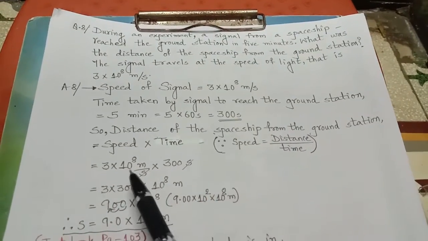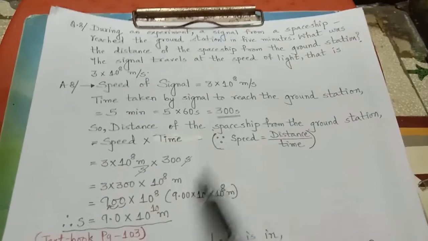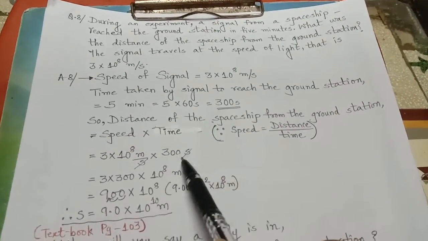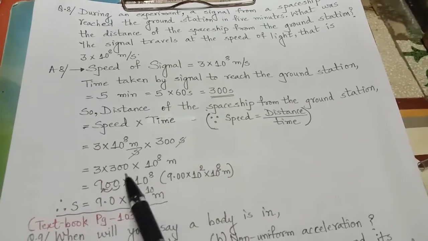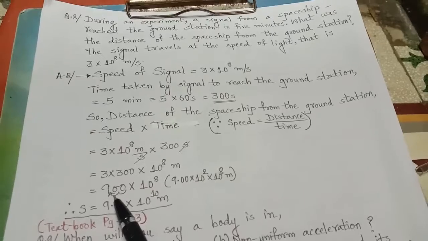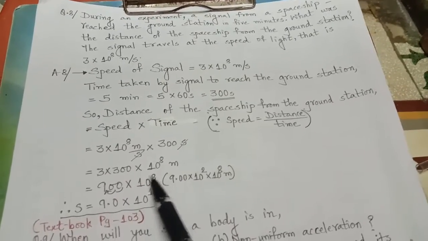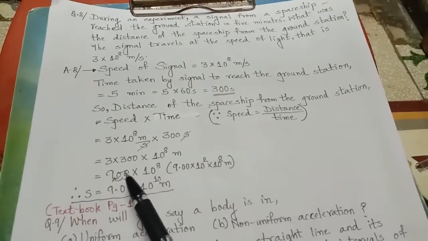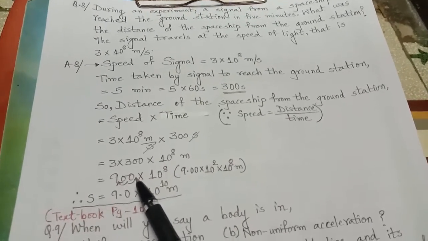Speed is 3 into 10 raised to 8 meter per second multiplied by time is 300 seconds. Second here cancels. So it is now 3 into 300 into 10 raised to 8 meter. 3 3s are 900 into 10 raised to 8. Now converting this into the standard form. If I want to convert into standard form, then I have to consider that here there is a decimal.